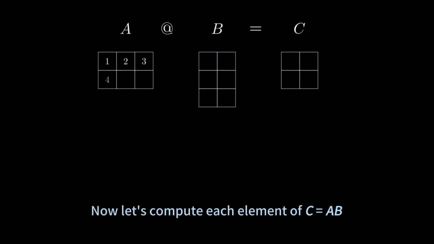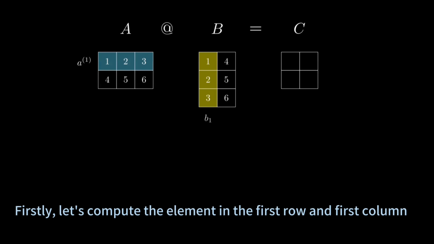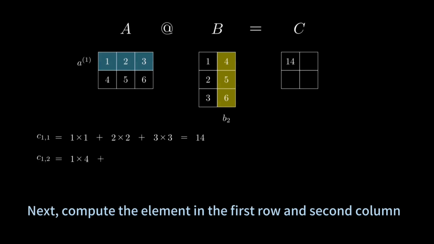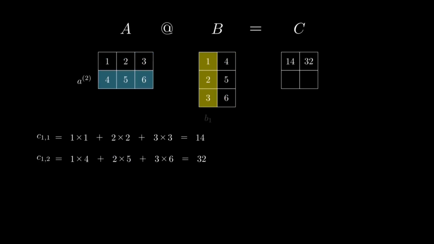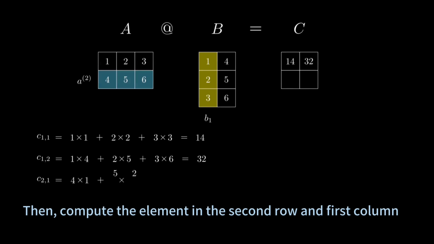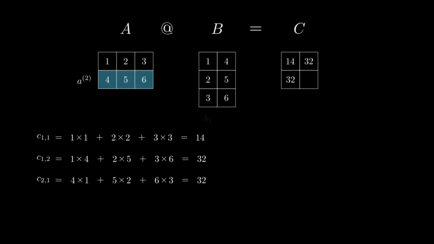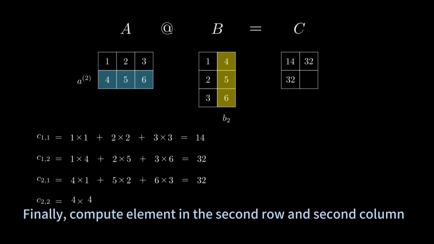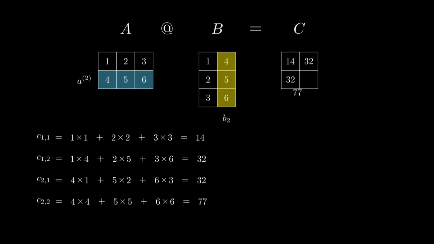Now let's compute each element of A times B. Firstly, let's compute the element in the first row and the first column of AB. Next, let's compute the element in the first row and the second column. Then compute the element in the second row, first column. Finally, compute the element in the second row and second column.